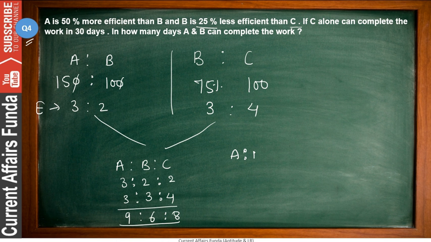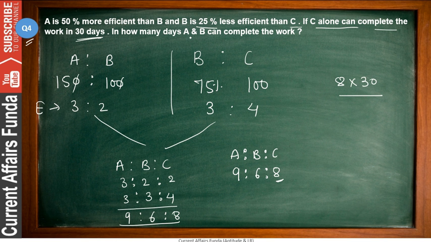So the ratio of A to B to C will be 9:6:8. And the question is saying that C alone can complete the work in 30 days. So we can see the efficiency of C is 8. So 8 into 30 days will be the total work.